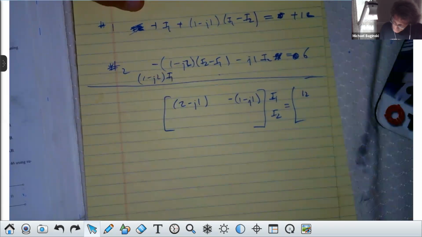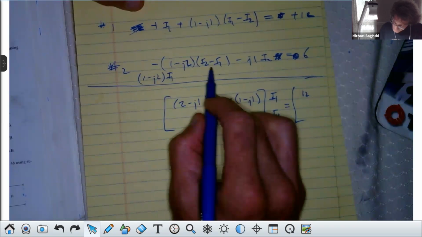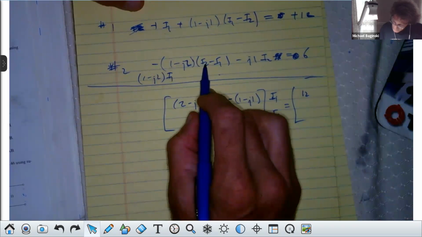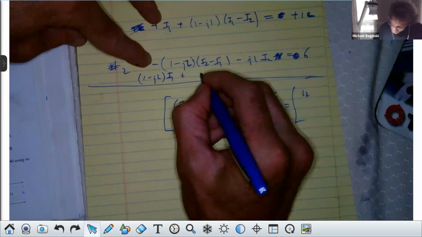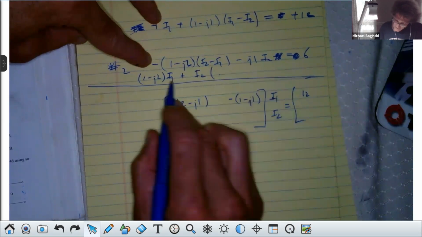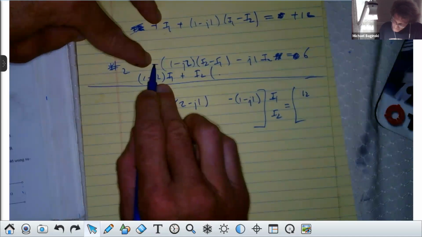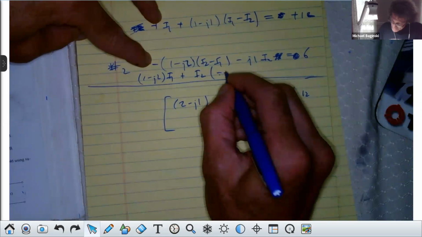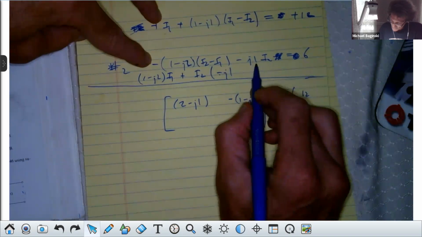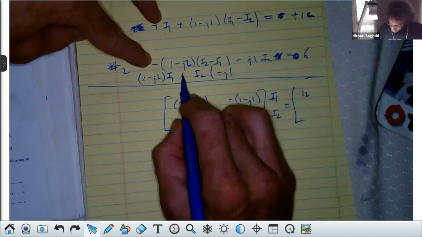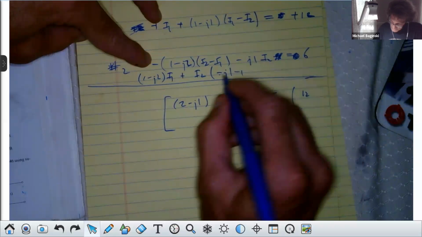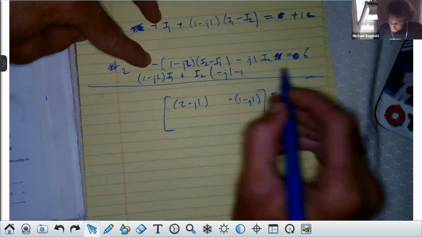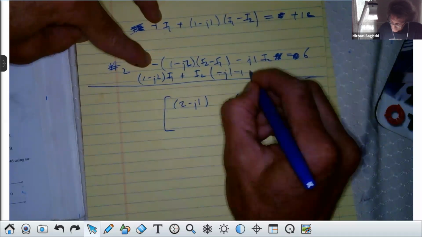Then for I2, I'm going to put the I2 as a plus here. I'll write minus j1 first. That's this one. And then for I2, it's minus minus 1, and minus minus j2 or plus j2.